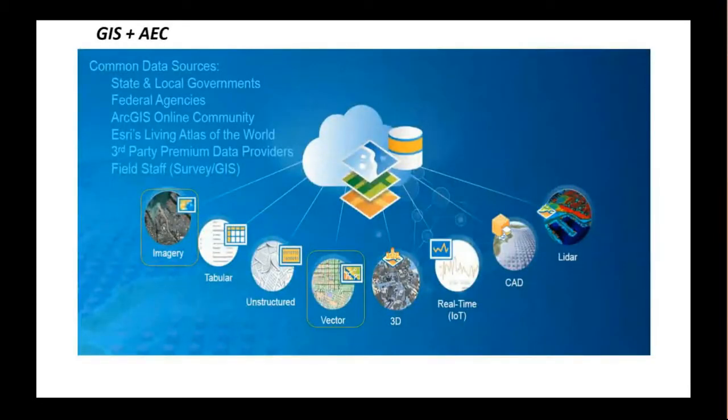GIS and AEC. From common data sources, you have access to aerial imagery, CSV, Excel spreadsheets, CAD data, vector, 3D models, real-time sensors, and also LiDAR. And then there's third-party applications and field data.